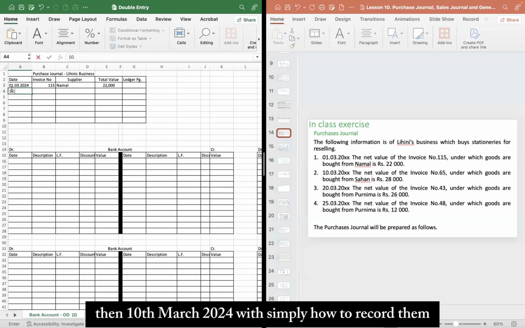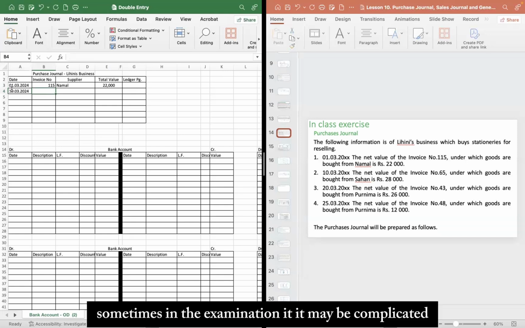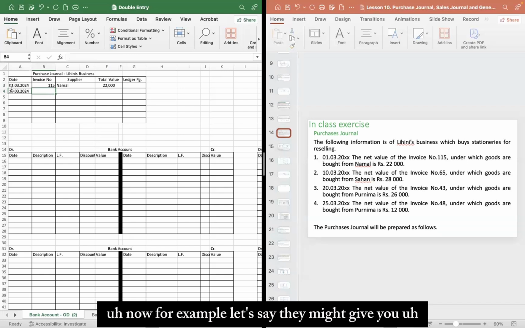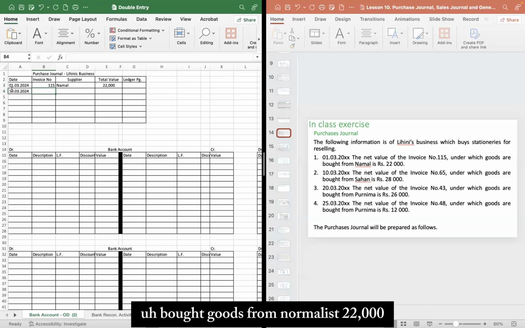Then 10th March 2024. We simply have to record them. Sometimes in the examination, it may be complicated. For example, they might say this much of trade discount was given: goods from Normal is 22,000 and there is a trade discount of 10%.